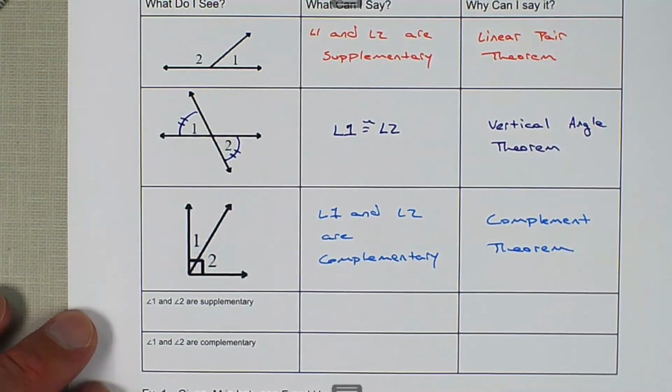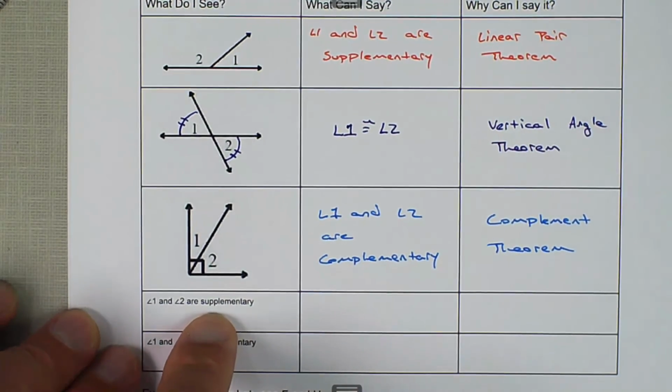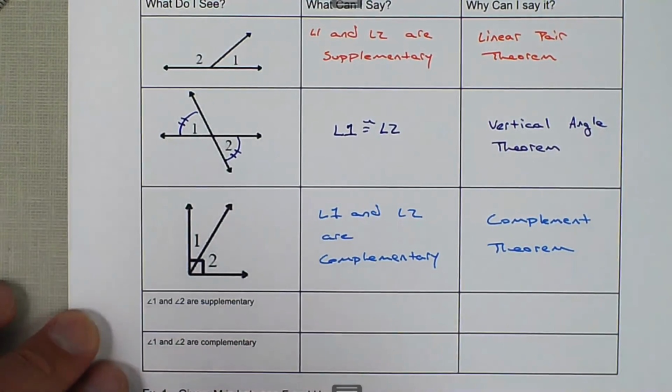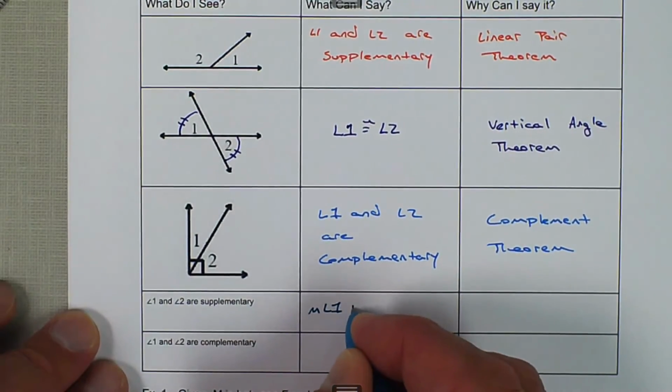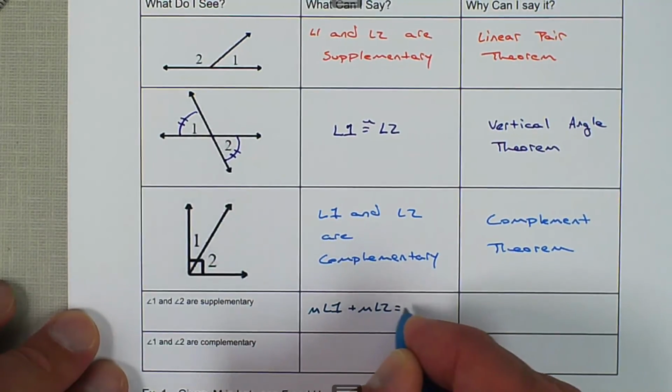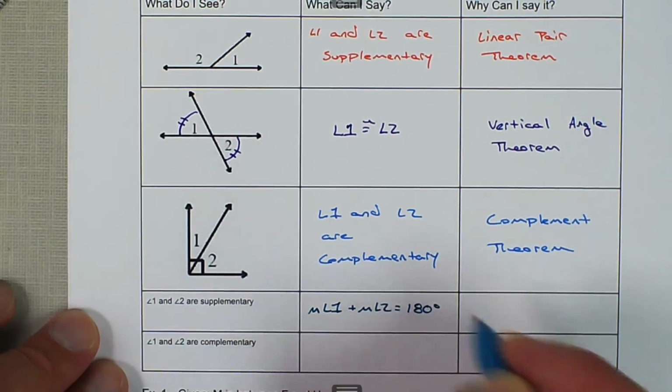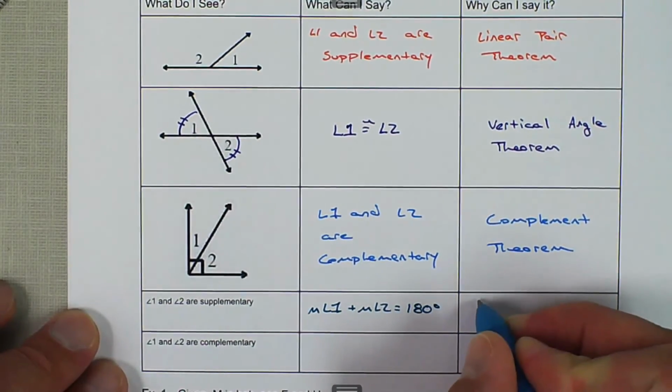We have 2 at the bottom, and it says angle 1 and angle 2 are supplementary. So if we know that they're supplementary, the definition of supplementary is they add to 180 degrees. And so we want to say the measure of angle 1 plus the measure of angle 2 is equal to 180 degrees. And that is definition of supplementary.